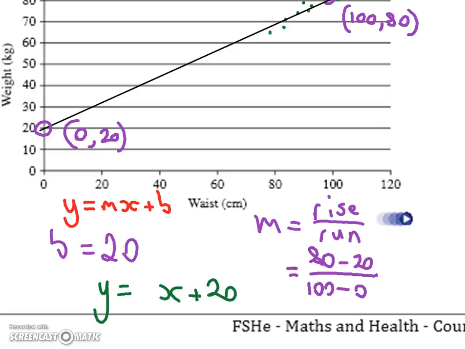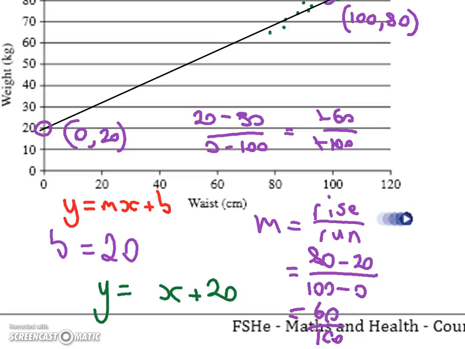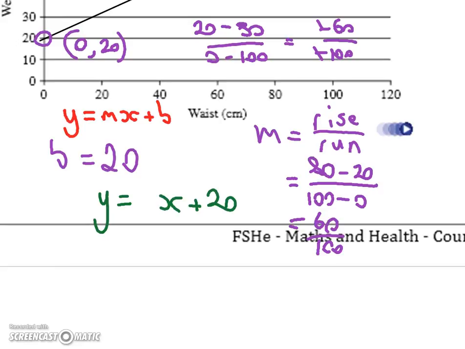Like if you did 20 minus 80 and 0 minus 100, you'll end up with minus 60 over minus 100, and those two negatives cancel out, and you end up with 60 over 100. That's exactly what I'm going to end up with. If you simplify that fraction down, you're going to end up with 3/5.